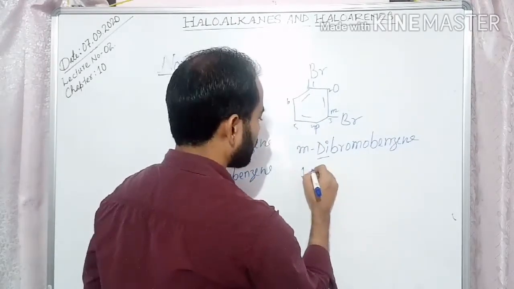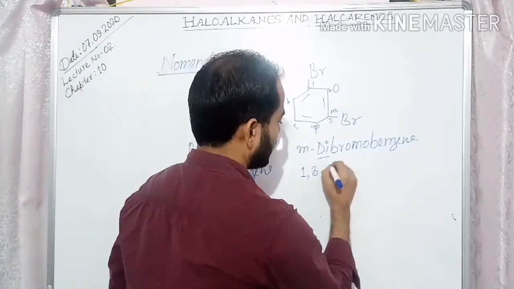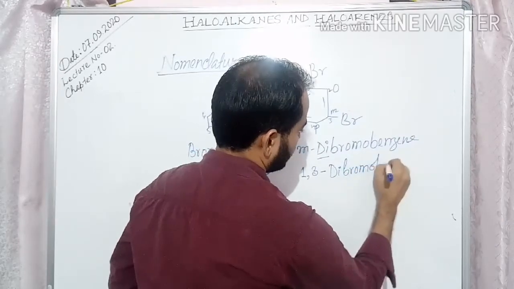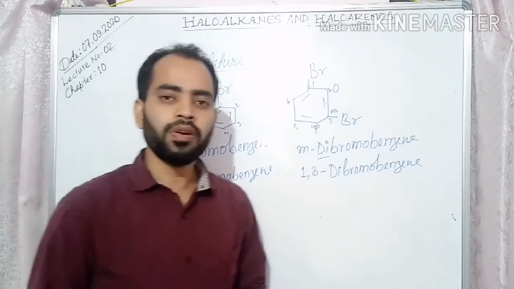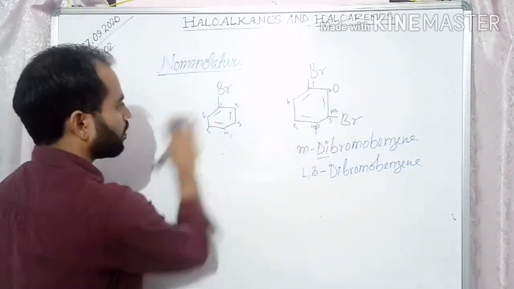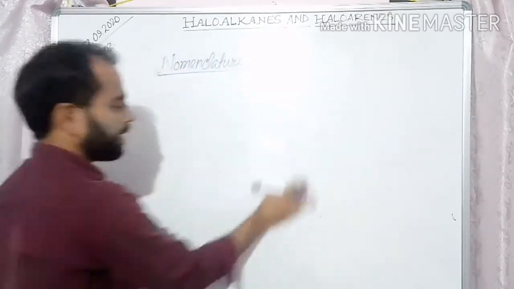So 1,3, then hyphen, then we write dibromobenzene. 1,3-dibromobenzene. Like this we can name these compounds, haloalkanes and haloarenes.